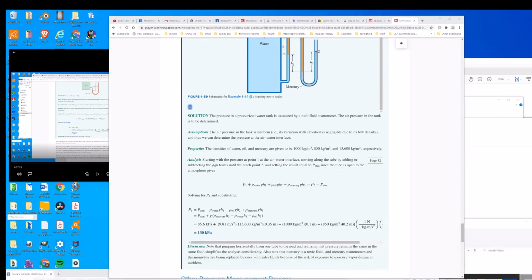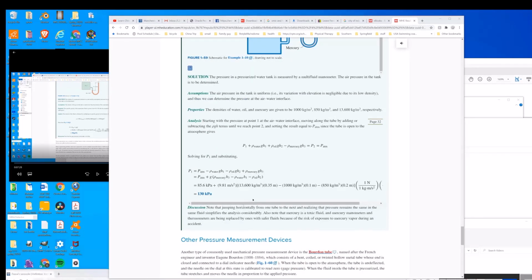This is given in kilopascals, so we had to convert to kilopascals. That's all this part right here is showing you. So if I scroll back, the final result is going to be 130 kilopascals.